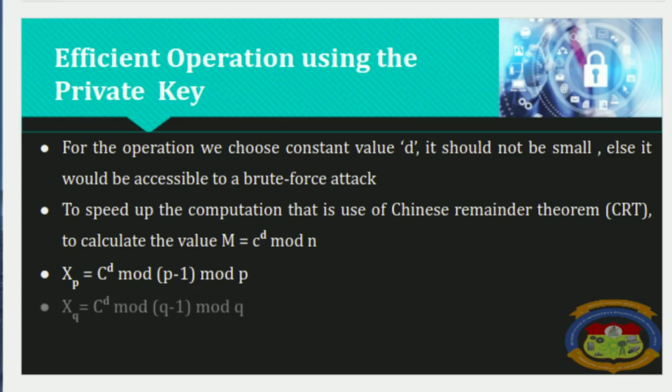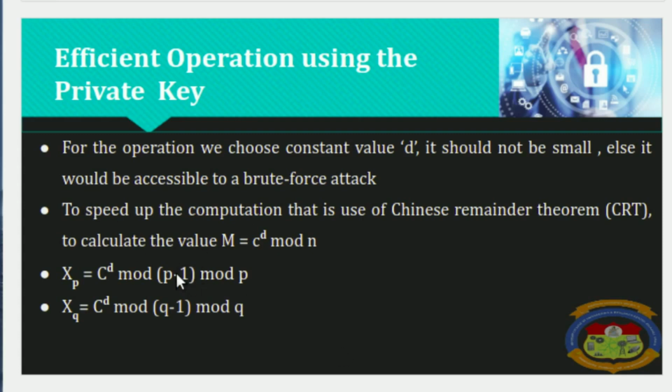So again, by the Chinese remainder theorem, an integer q which is greater than 1 and relatively prime can be written as xq equal to ciphertext c to the power of the chosen constant value d, mod q, where p and q are relatively prime numbers.